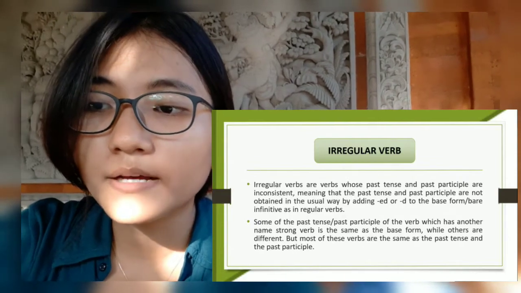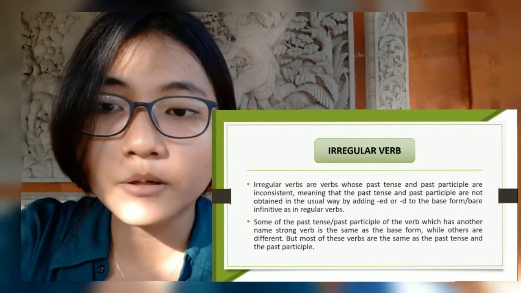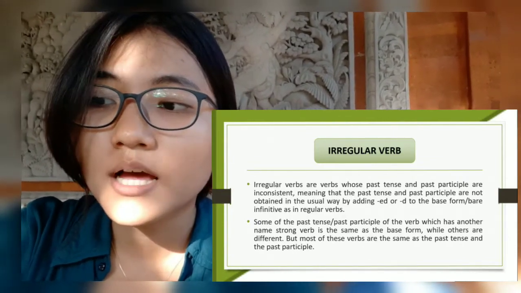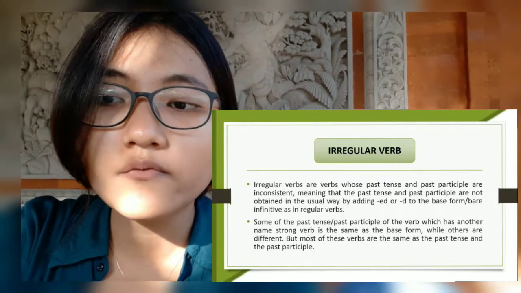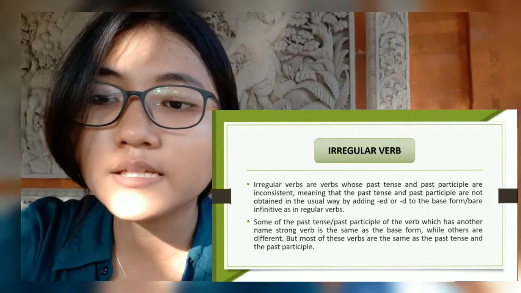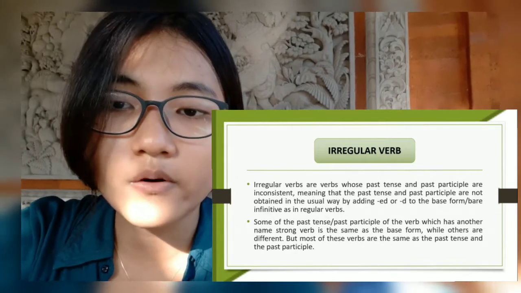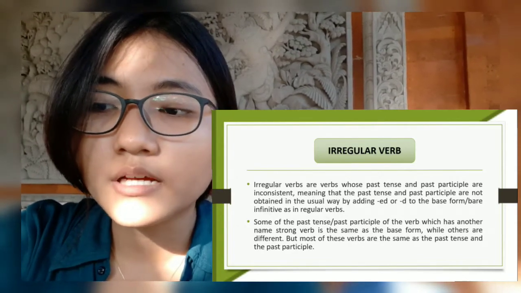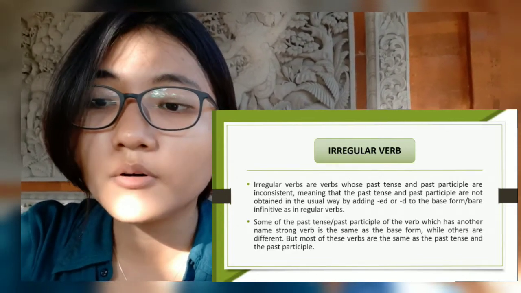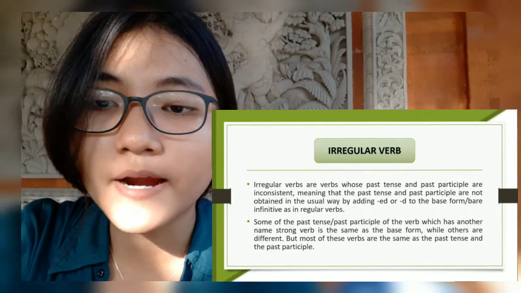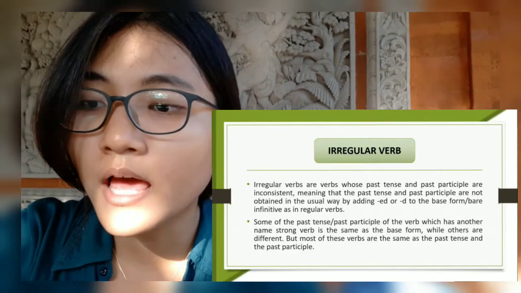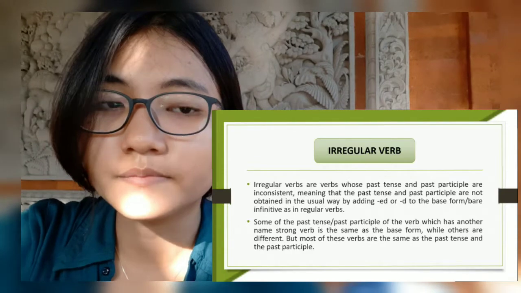Some of the past tense or past participle of the verb, which has another name, strong verb, is the same as the base form, while others are different. But most of these verbs have the same past tense and past participle.